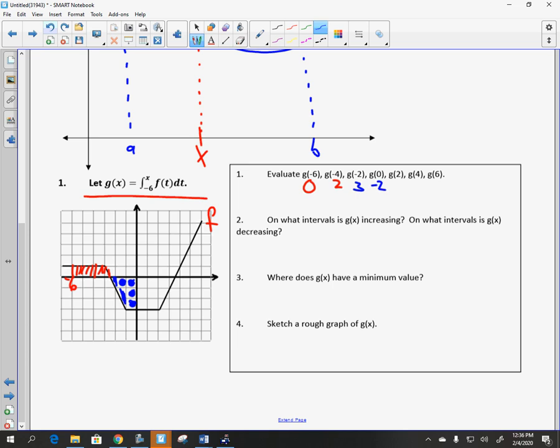Now I'm going to go up to g of 2. Am I collecting positive area or negative area? Negative area. How much more negative area? -6. That's going to bring me to -8. Now I have g of 4. Looks like I've got another -1, say a -2.